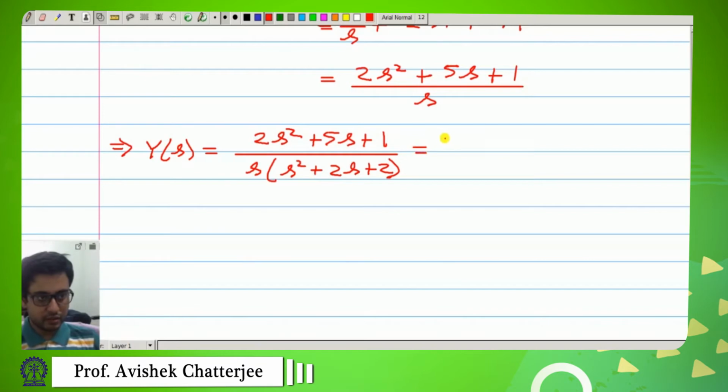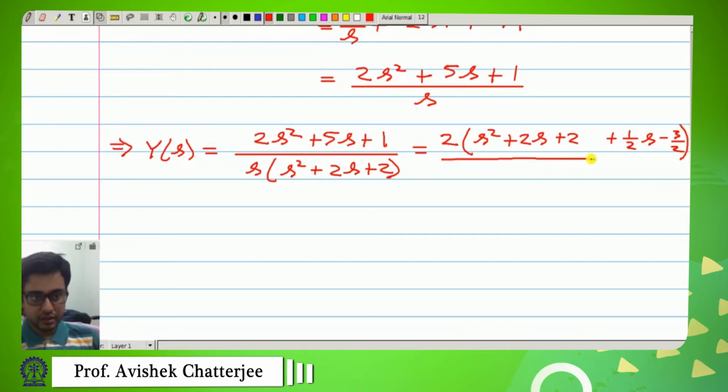Let me write, by taking 2 common, we have s square, then here we have 2.5s, I will write 2s plus half s, and here we have half, I will write 2 minus 1.5, divided by s of s square plus 2s plus 2.